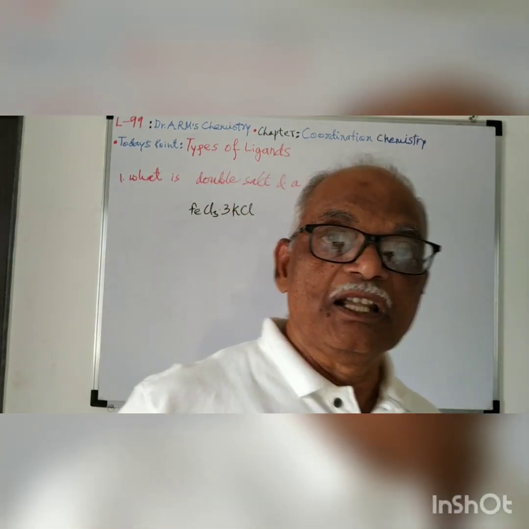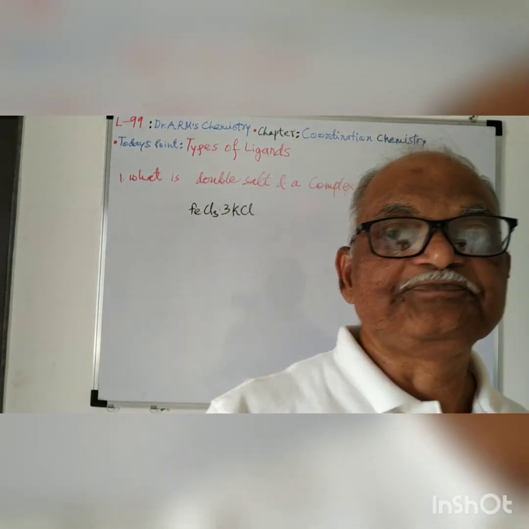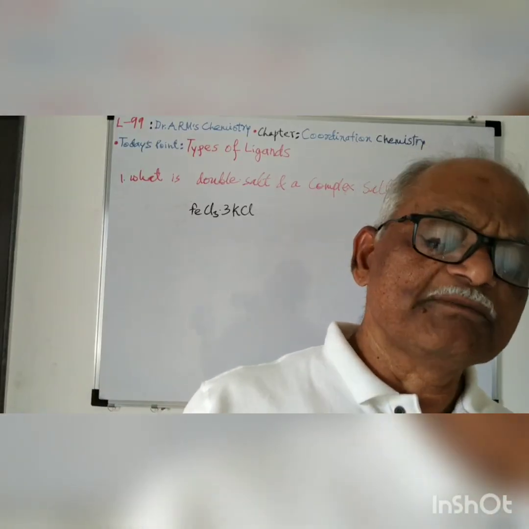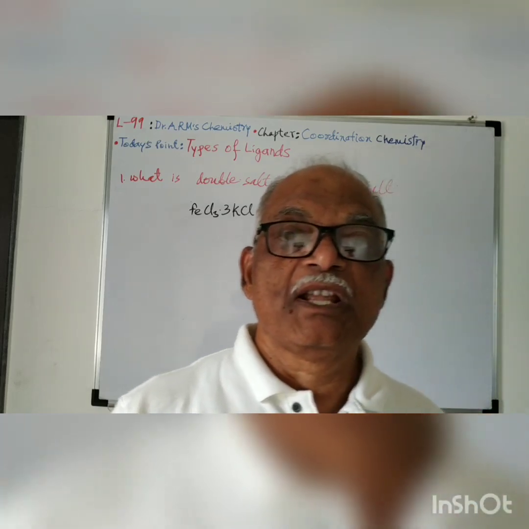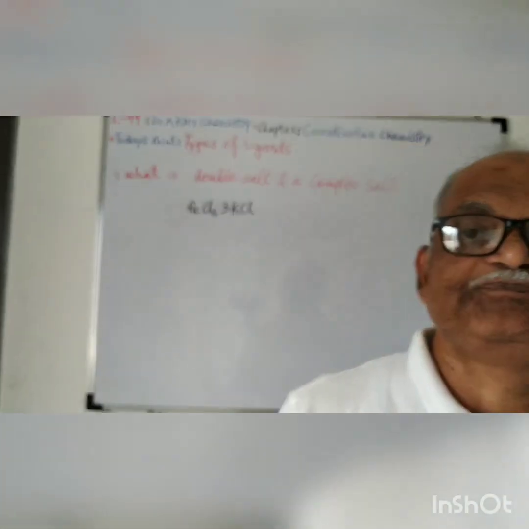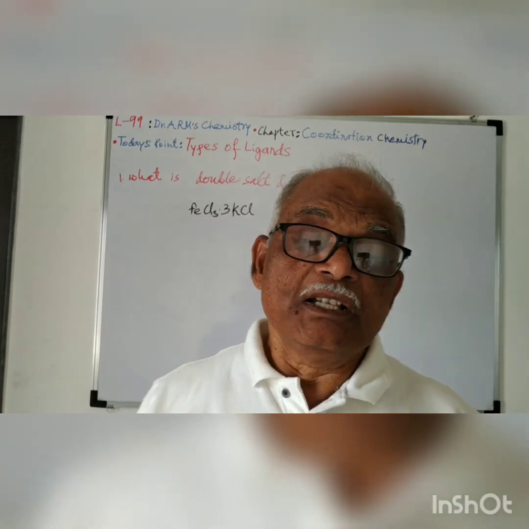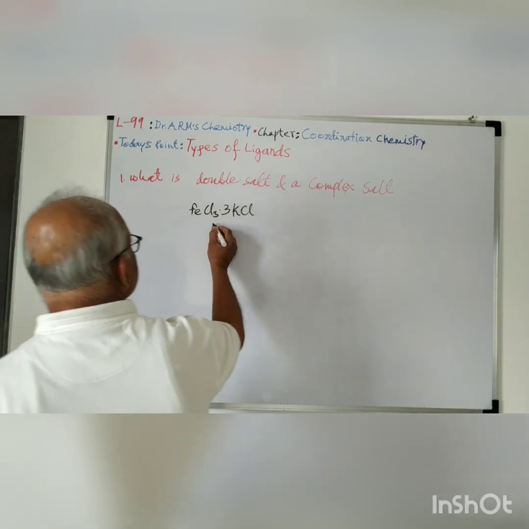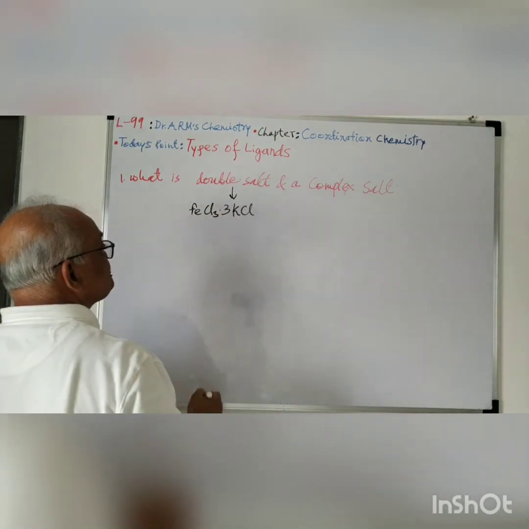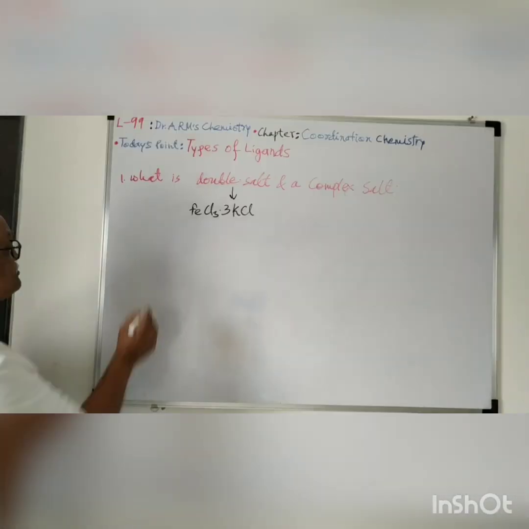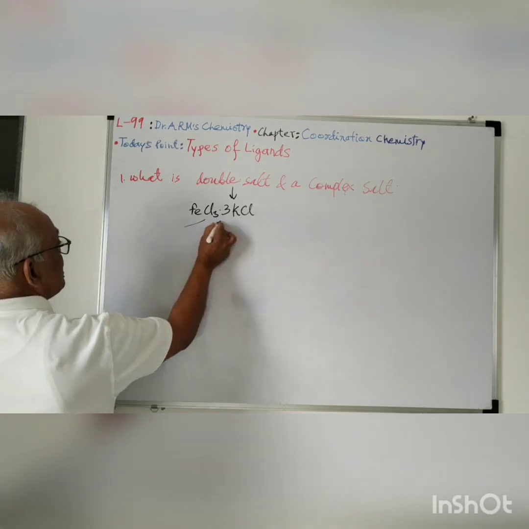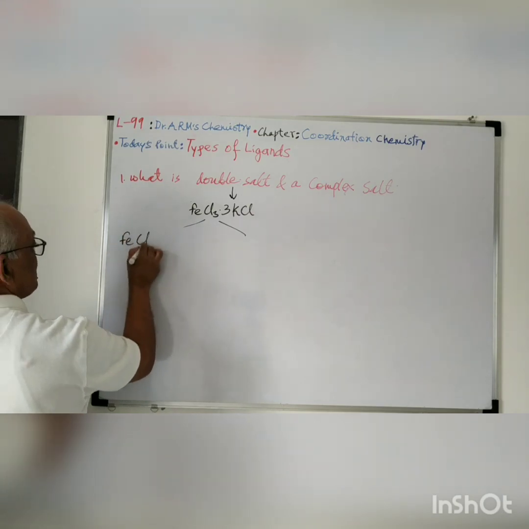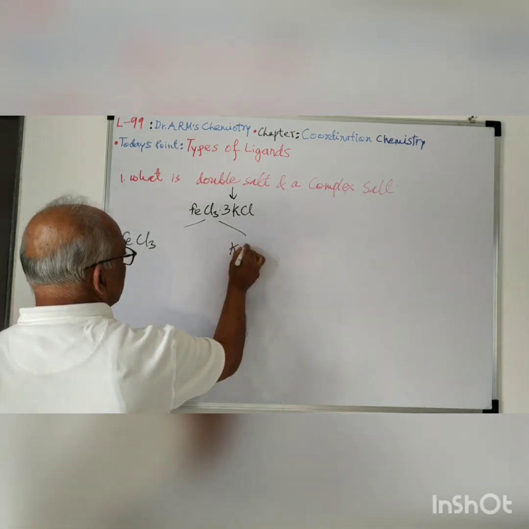Or in other words we can say KCl, AlCl3. There are such a number of examples where we find two or more salts together. So this is a double salt, and it contains two salts: one is FeCl3, another is KCl.